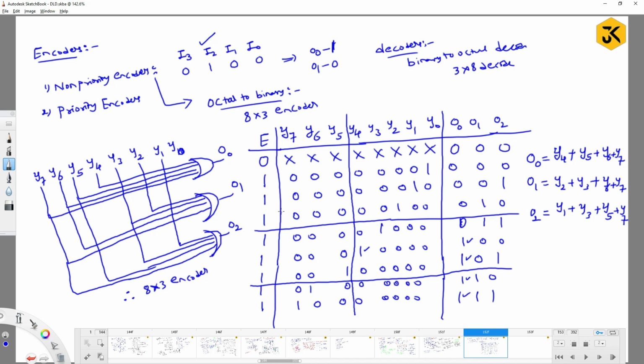For the coming class, try to do it for decimal to BCD conversion. What is the size of encoder required here? You require a 16/4 encoder. Okay.